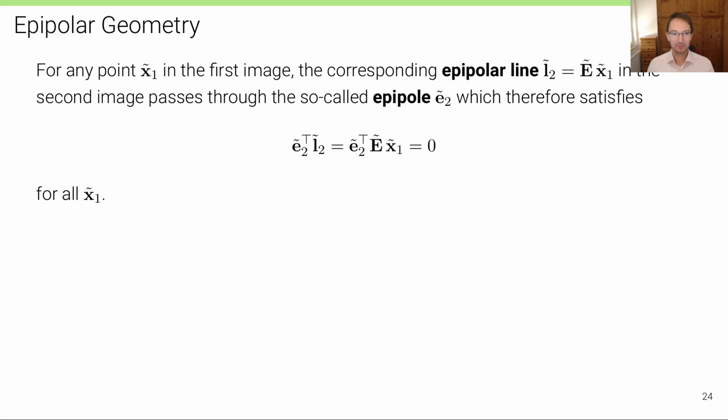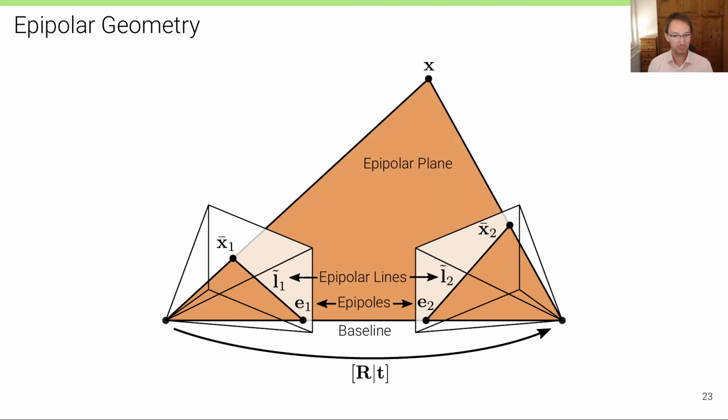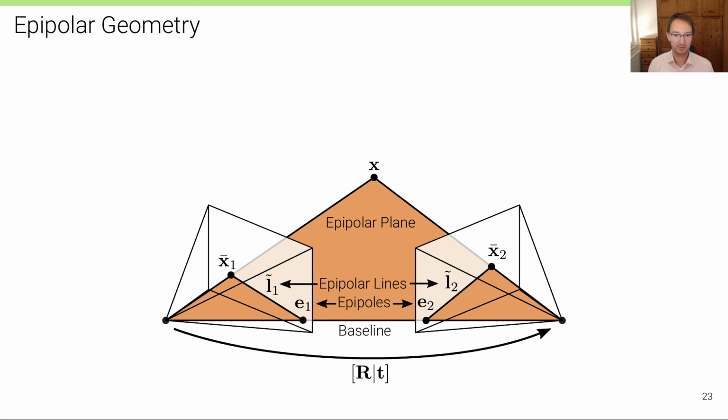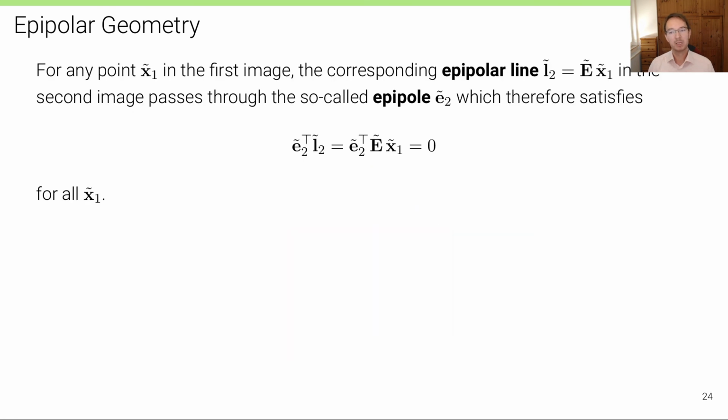Now, for any point x1 in the first image, the corresponding epipolar line in the second image passes through the so-called epipole. That is what we know from just the fact that all of them are on the same epipolar plane. And therefore, the epipole satisfies the following expression. The epipole multiplied with the epipolar line, because the epipole must be on the epipolar line, is equal to 0.